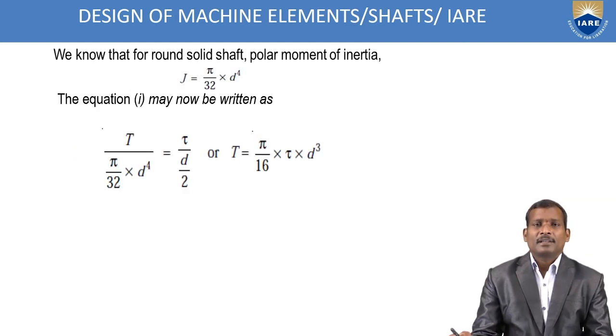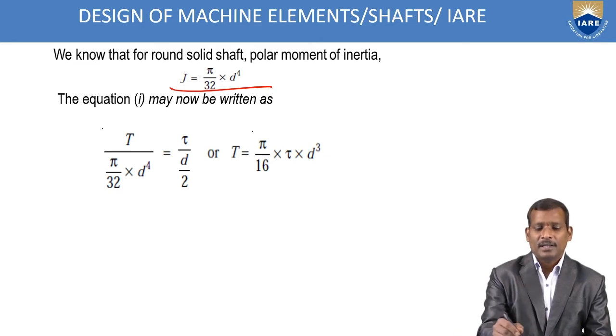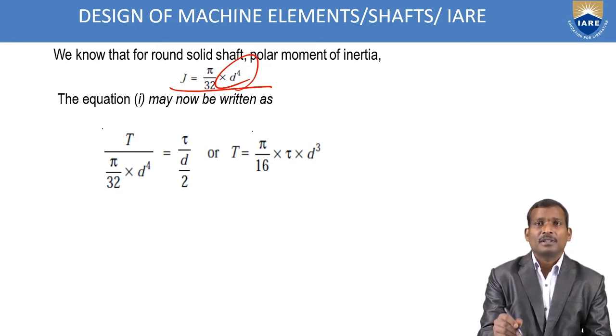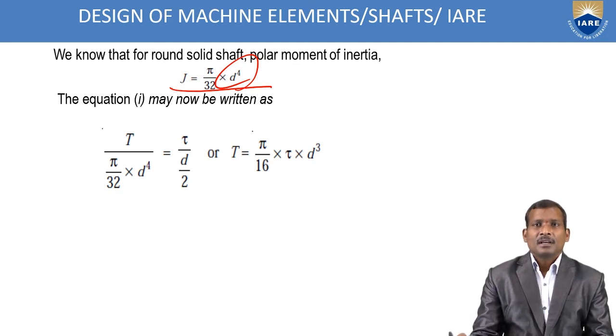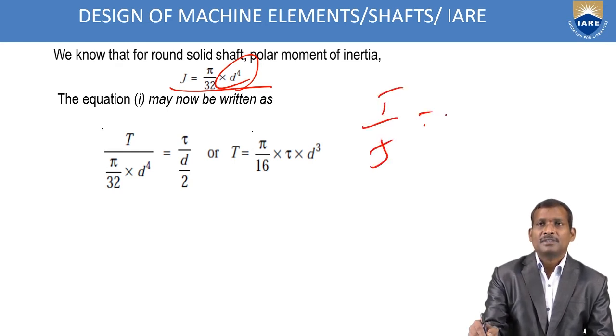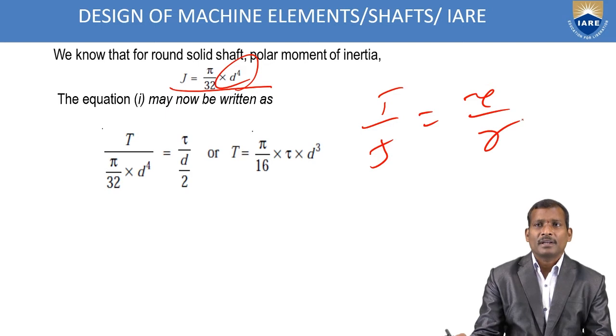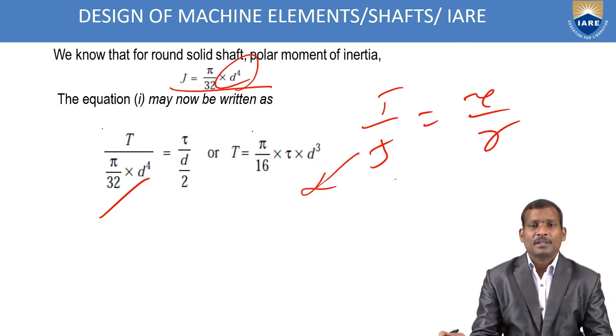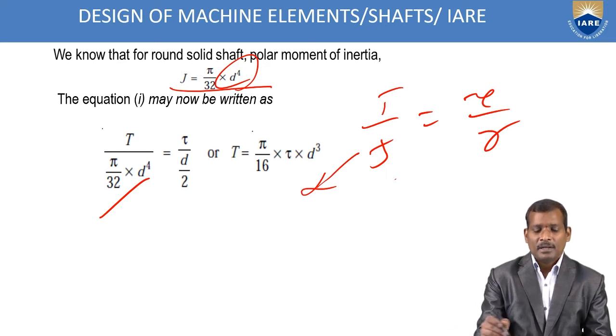Already we know that for a round solid shaft, the polar moment of inertia J is equal to pi by 32 into d to the power of 4, where d is the diameter of the shaft. This is for a solid shaft. For a hollow shaft, I will tell you in the next slide. In the equation T by J is equal to tau by R, substitute the J value: pi by 32 into d to the power of 4, the polar moment of inertia for a solid circular shaft, and R equal to d by 2.